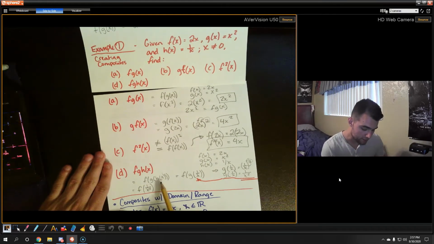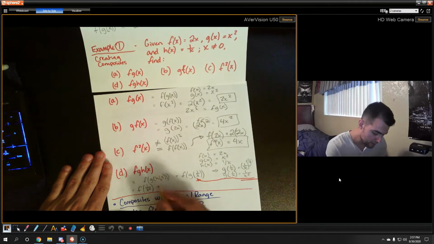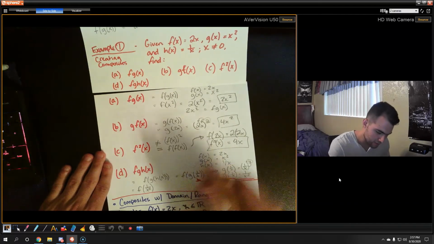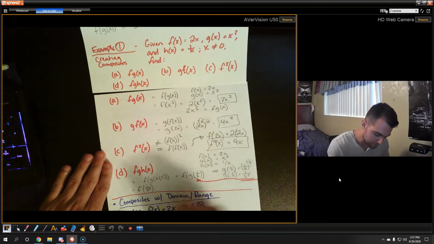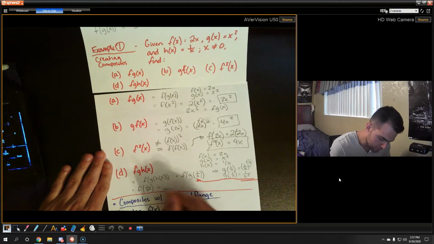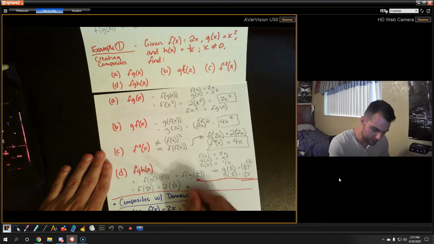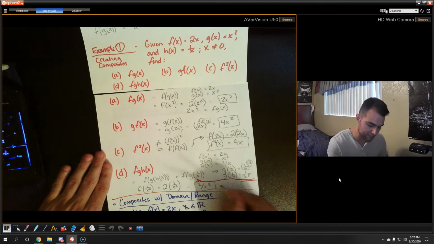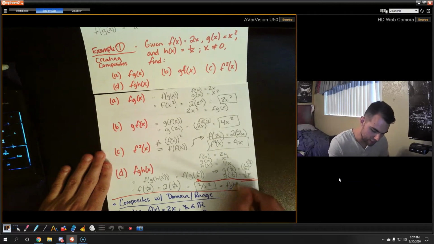All right? So let's continue on. Now I just take this 1 over x squared, plug it in, and read x for f of x. So f of x is 2x, right? So this is going to become 2 times 1 over x squared. Multiply the top. This is 2 over x squared. And that is the same thing as f g h of x.